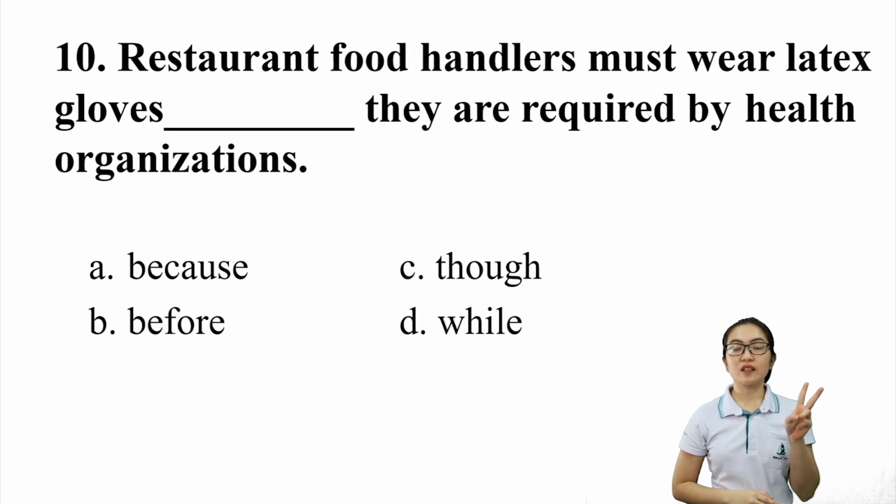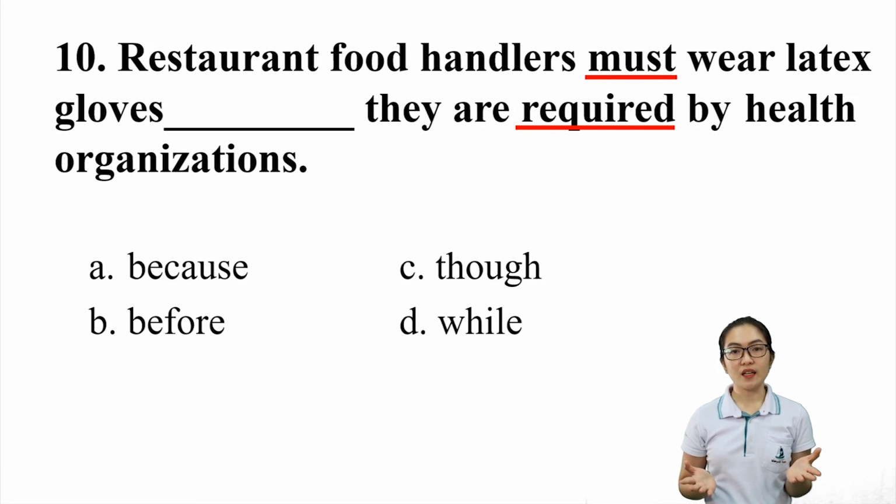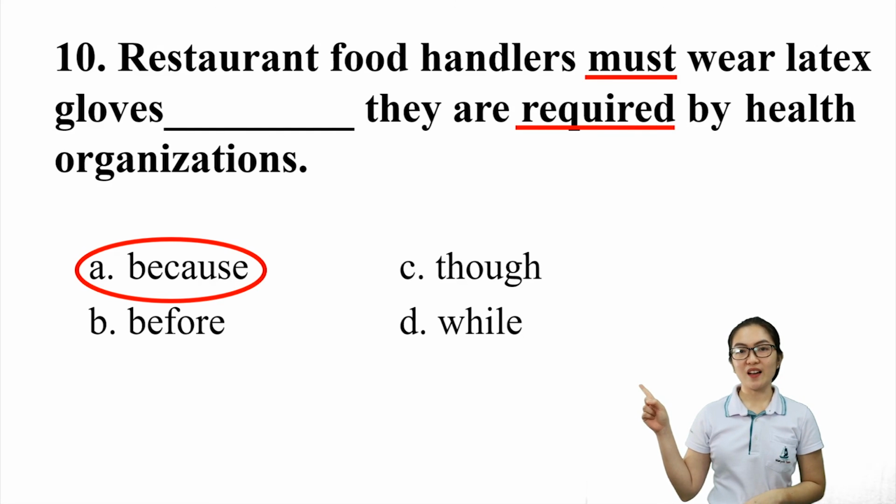Looking at the second clause, it actually answers or supports the first clause of why there is a need for restaurant food handlers to wear latex gloves because of the clues must and required. So here, we're not talking about time and contradiction. Definitely, letters B, C, and D are not answers, but only A, because.